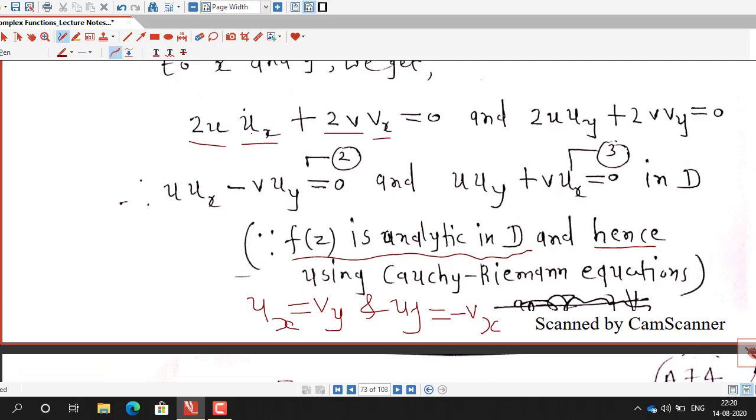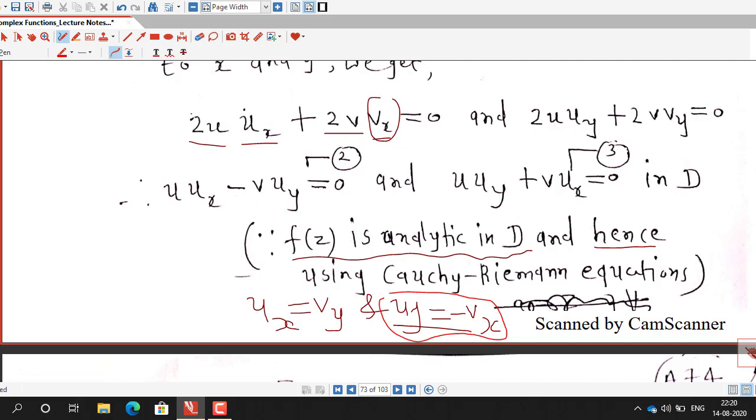So instead of vx, I have written minus uy. Here I am using the second equation. So from this we can write vx equal to minus uy.